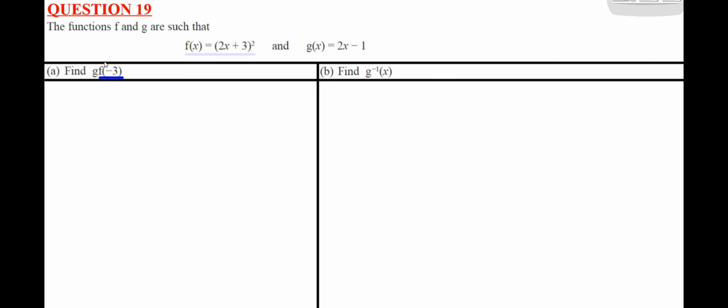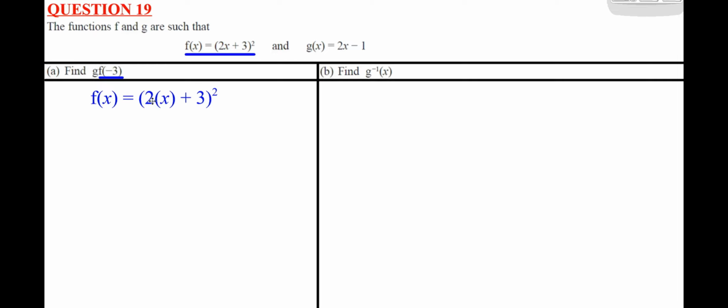So that's what f of x is, the function. What I tend to do is to put the x inside its own bracket. So f of x, or f of whatever, is 2 lots of whatever plus 3, then that whole thing gets squared.